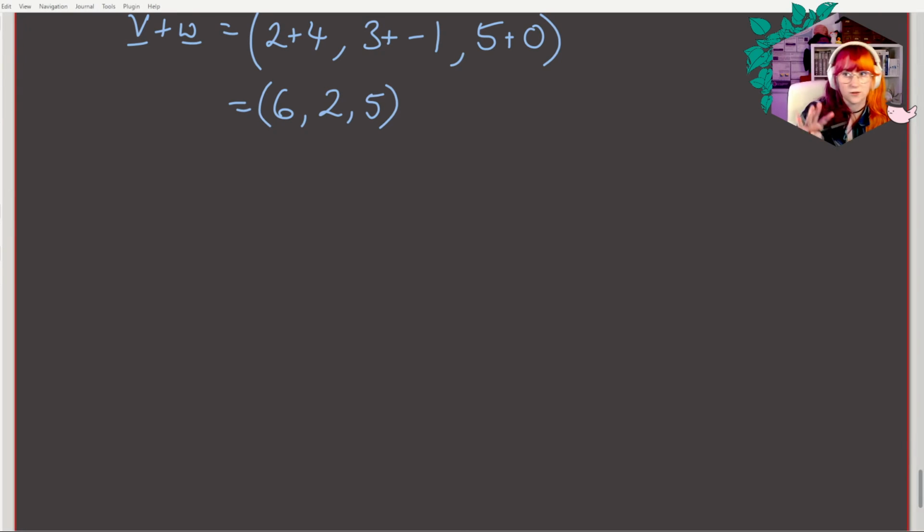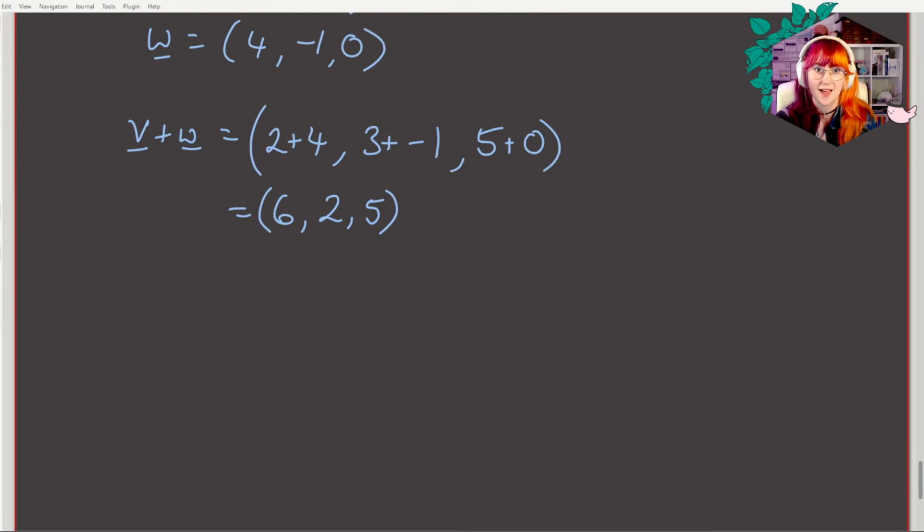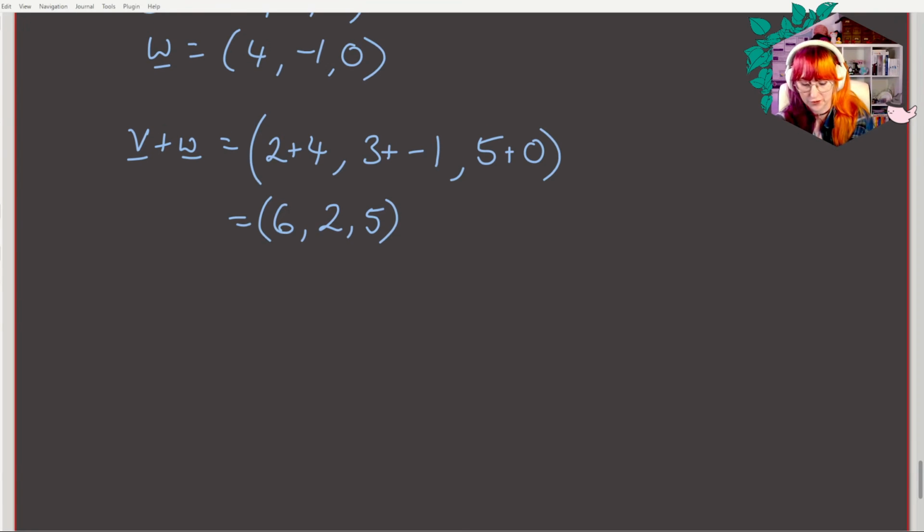So normally when you do algebra, you do addition, subtraction is exactly the same. You can see that when we subtracted element-wise, it's the same thing. So V minus W, we need a good sense of what minus W means. And that's where we go back to our position or oriented line segment definition.